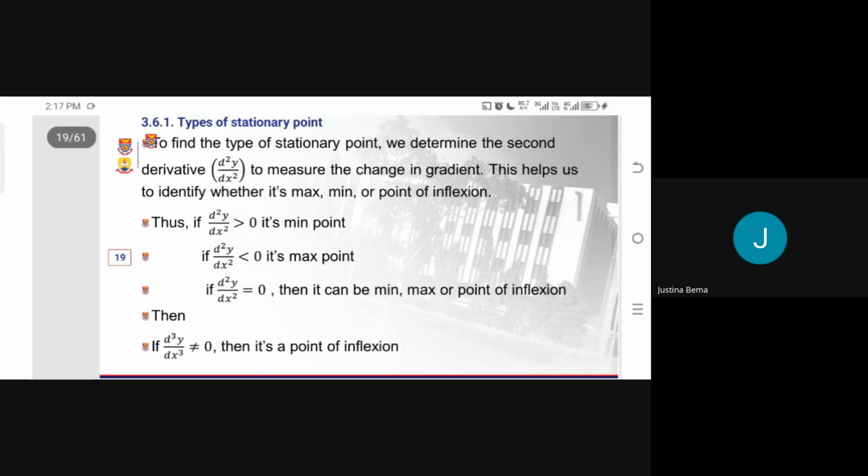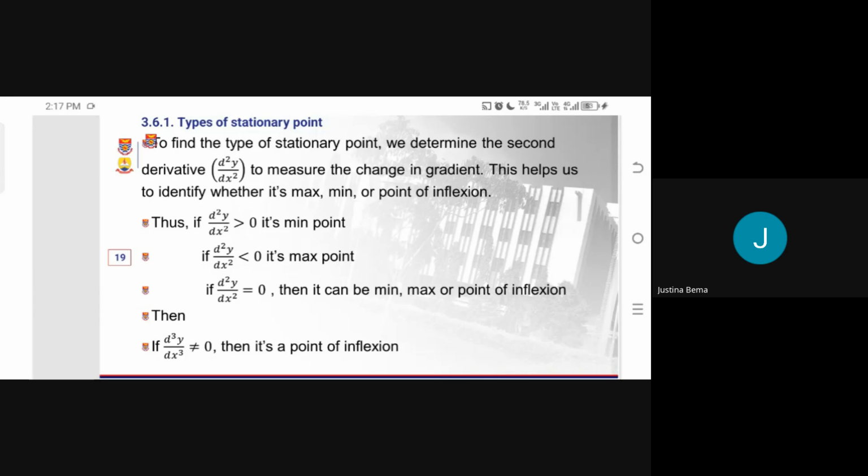So we want to check the types of stationary points that we have. To find the type of stationary points, we determine the second derivative. So when you are done finding your first derivative, if you want to know the type of stationary point, whether it is going to be a minimum stationary point or a maximum stationary point, what you do is find the second derivative.